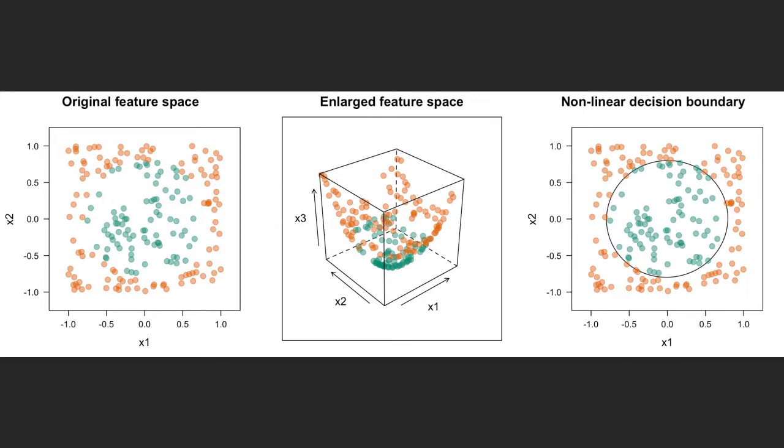Okay, so that's what we do. We separate the green points from the orange points in the enlarged feature space using a hyperplane. Now if we take that hyperplane in 3 space and we look at its shadow in 2 space, we project the image of the decision boundary back down into the original feature space, we get exactly what we wanted, a nonlinear decision boundary that in fact in this case looks like a circle.